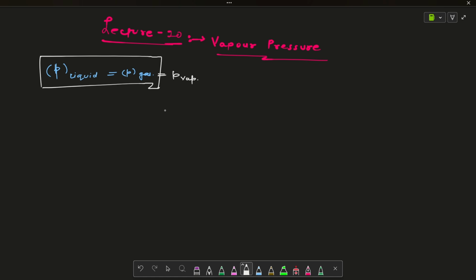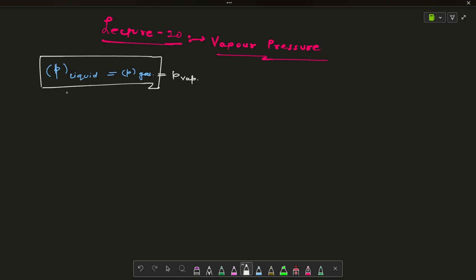That means the vapor pressure of the water is 1 atm. The gaseous pressure over the water is 1 atm, and the liquid water must have a pressure equal to the gaseous one. At that point the pressure is known as vapor pressure, and at that point the water starts to boil.